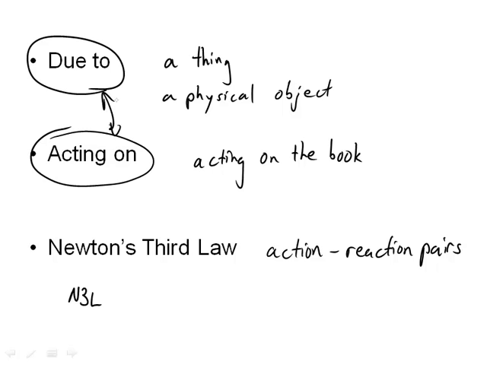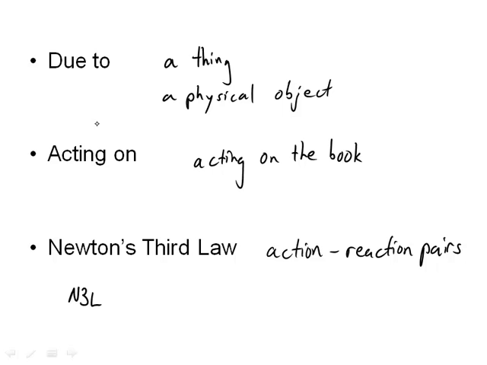For example, there's a normal force due to the table acting on the book. That's the action. The reaction is a normal force. It's the exact same kind of force, same size, opposite direction. A normal force due to the book acting on the table. So Newton's third law pairs are simply a reversal of the due to and the acting on.